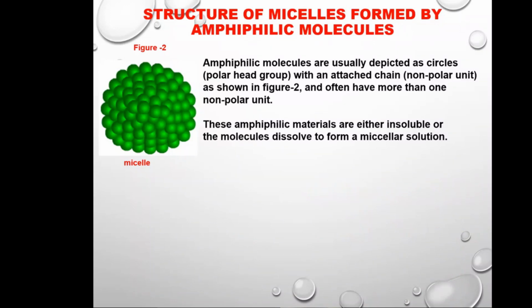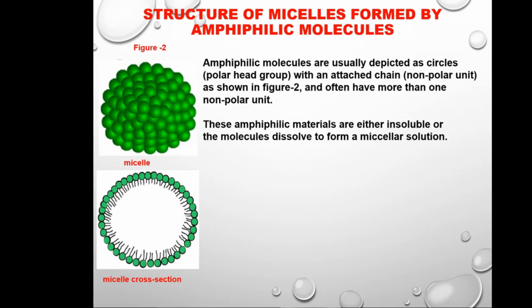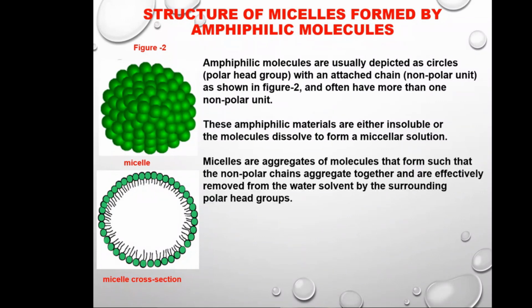Once we have such a molecule possessing two parts, the amphiphilic molecule, those molecules tend to self-organize into various structures, such as, for example, micelles. Amphiphilic materials are either insoluble or the molecules dissolve only as a micellar solution. If we take the cross-section of such a micelle, you can see the organization of the heads around it and the tails inside the micelles.